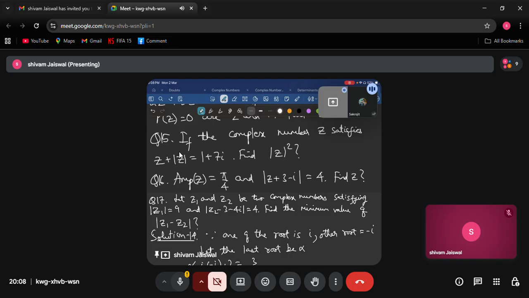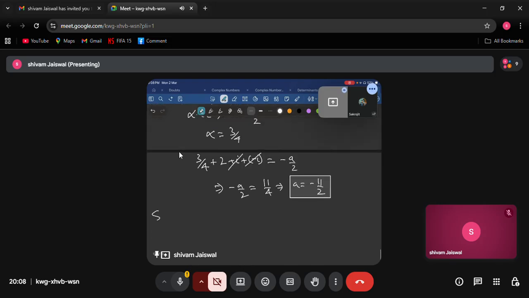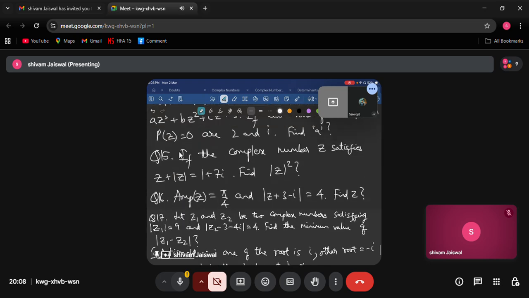Okay, so everyone pay attention. Z plus mod Z is equal to 1 plus 7 iota. So start by taking Z is equal to x plus iota y. Very simple. This is number 15.